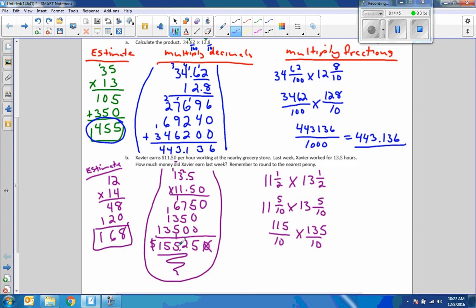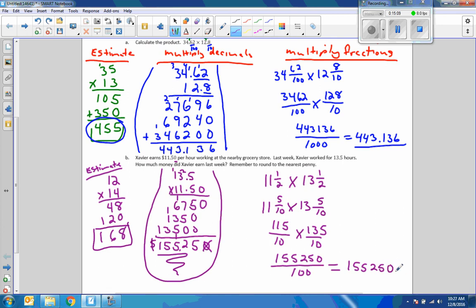So you're going to get this number without the decimal, which is 155,250, divided by 10 times 10, which is 100, and that equals 1, 5, 5, 2, 5, 0.